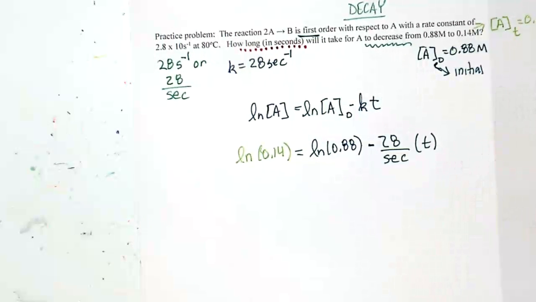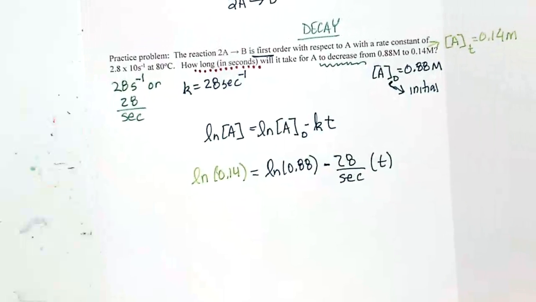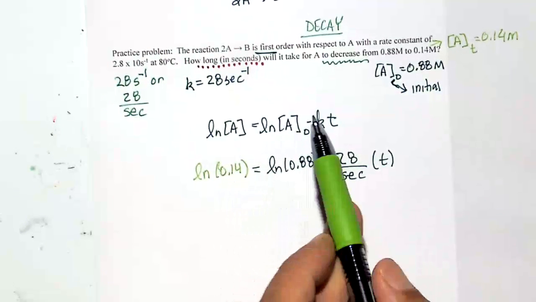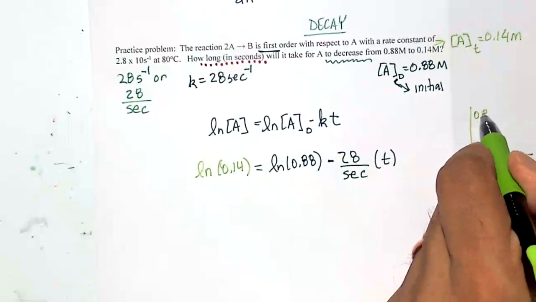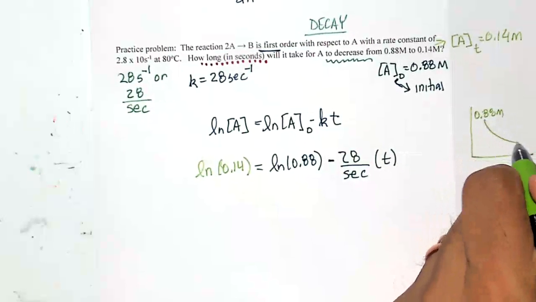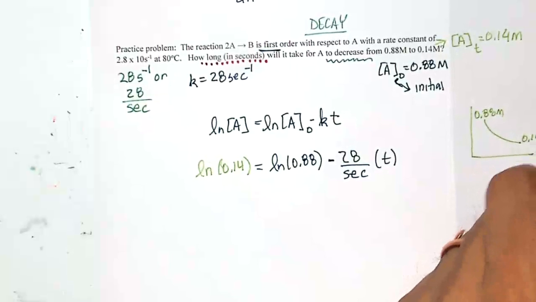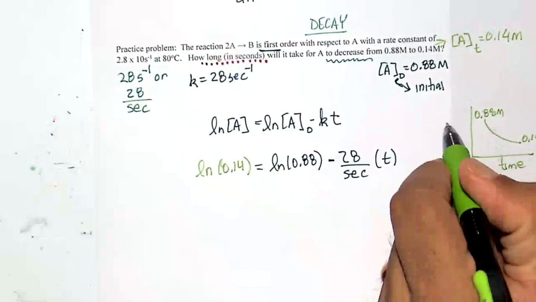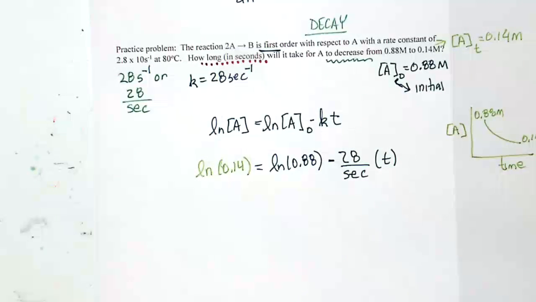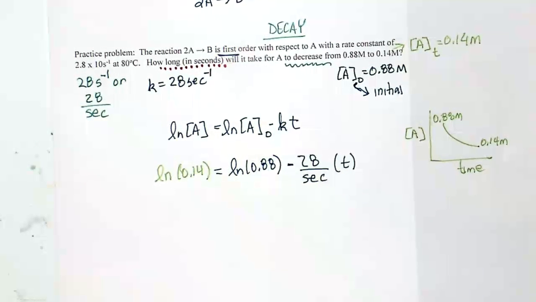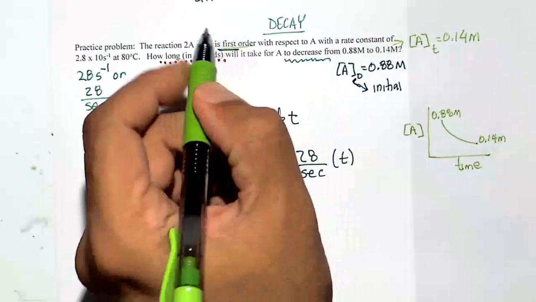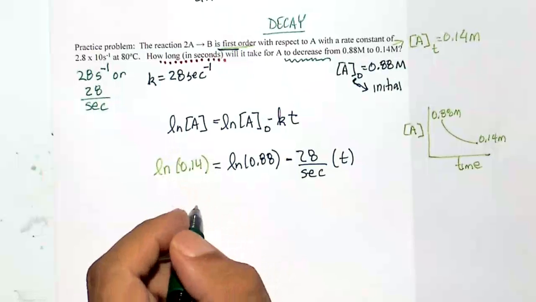So really what we want to figure out is how long it will take for this to go from 0.88 to 0.14. How long will it take for that decay to occur? We use the first order equation because it tells us it's first order.